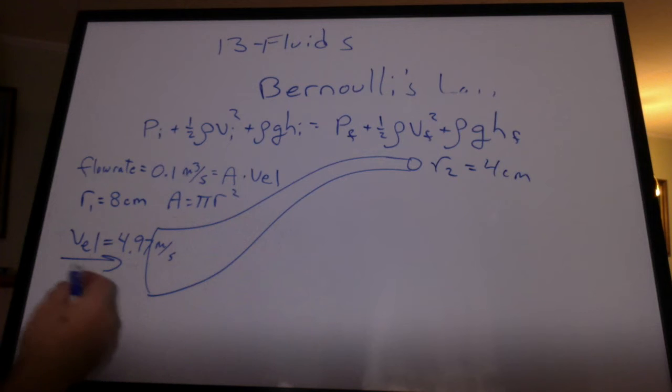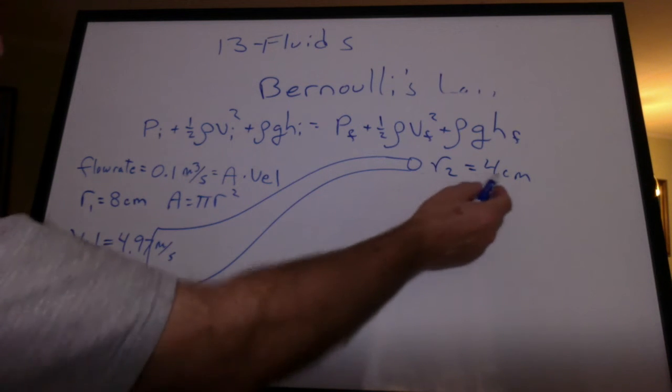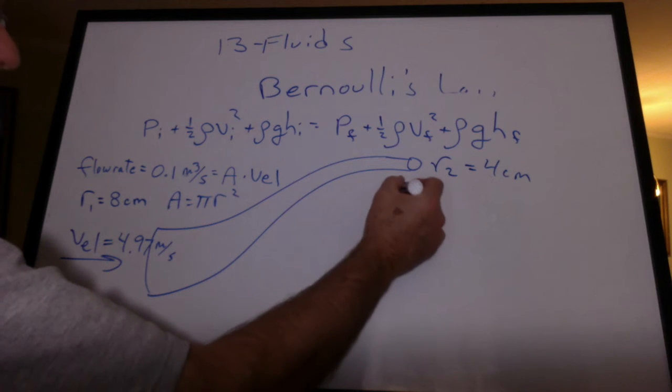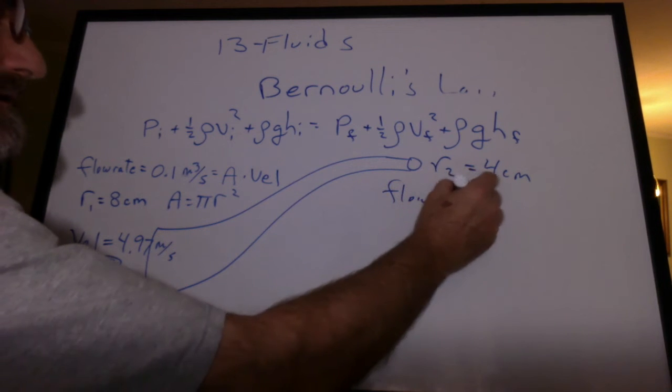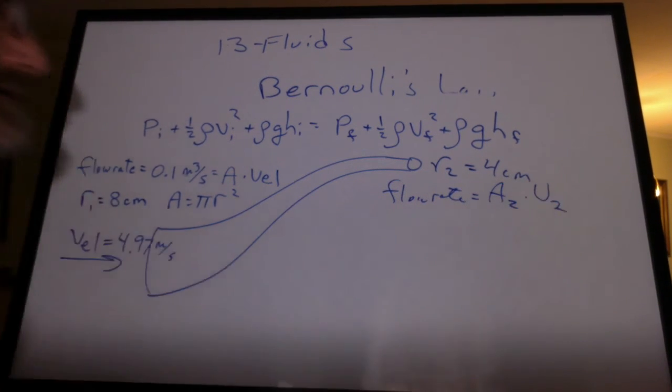Okay, so now all this water is going to get squeezed down. It's got to be going faster up here. R is now 4 centimeters. So what's going to be the velocity up here? Well, you've got the same flow rate, don't you? The same flow rate is equal to a different area times a different velocity.